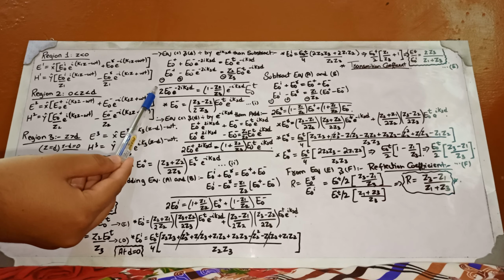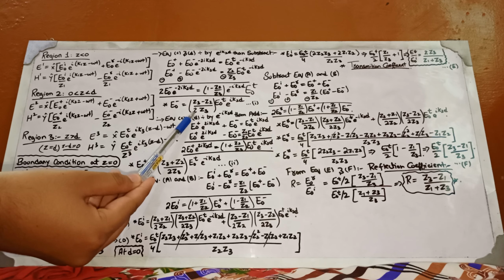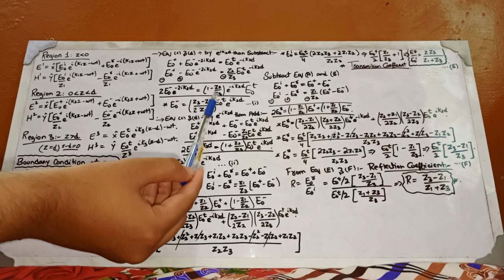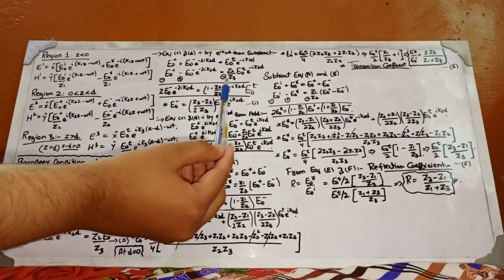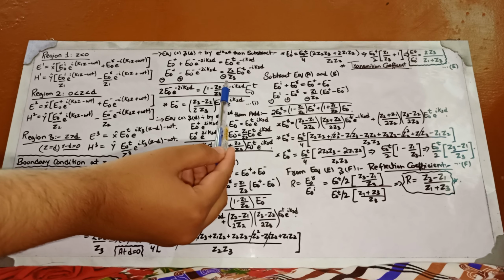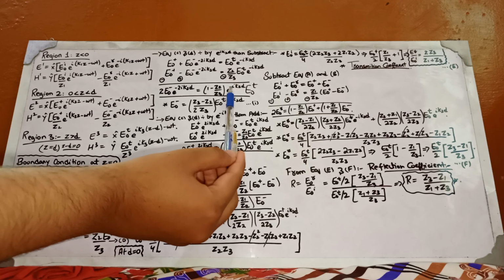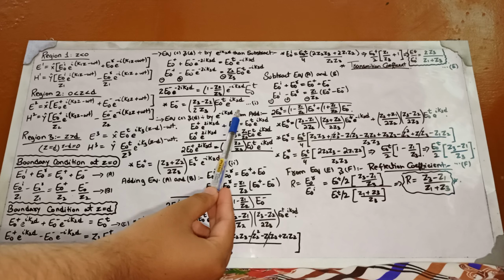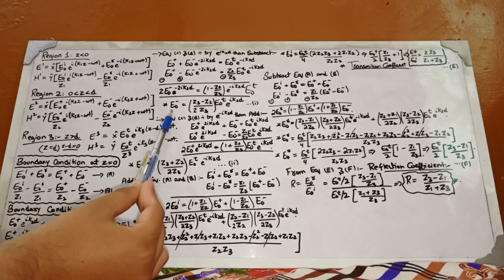So after dividing, 2 goes to here and this goes to here, and this is minus 2iκd. When it comes into the numerator, it becomes 2iκd, and 2iκd minus iκd becomes plus iκd. So this is your final relation of E0-.